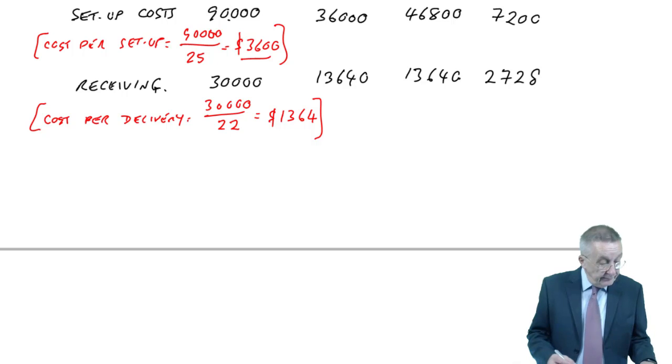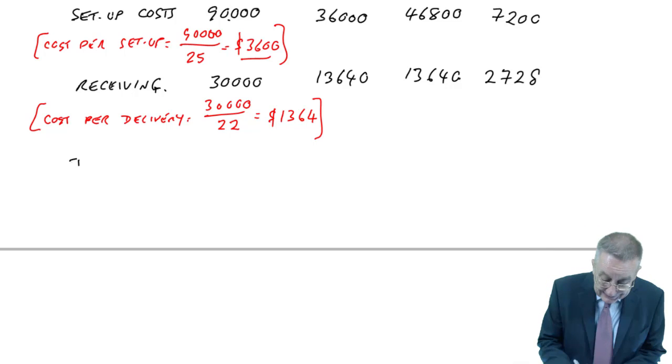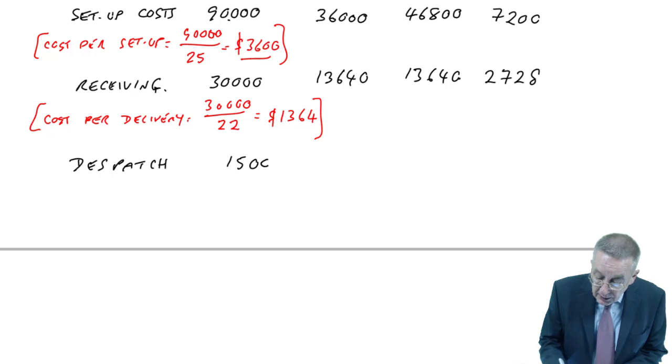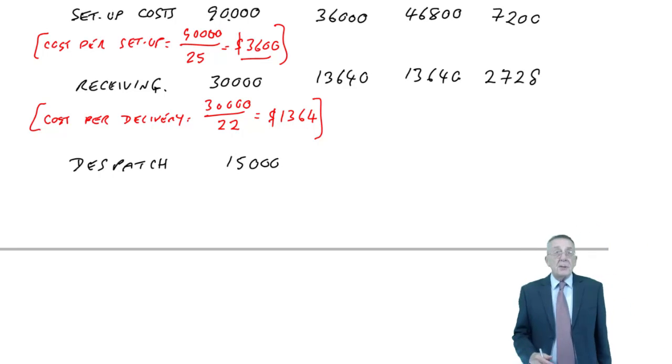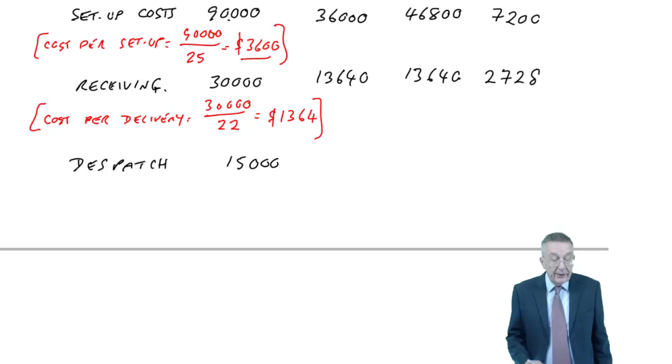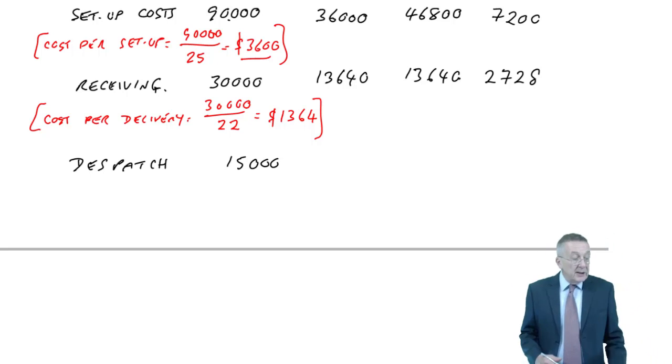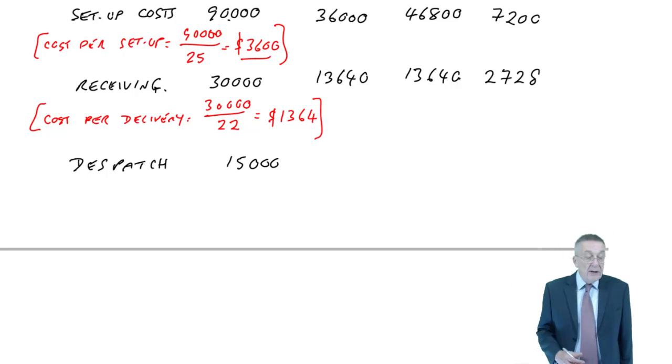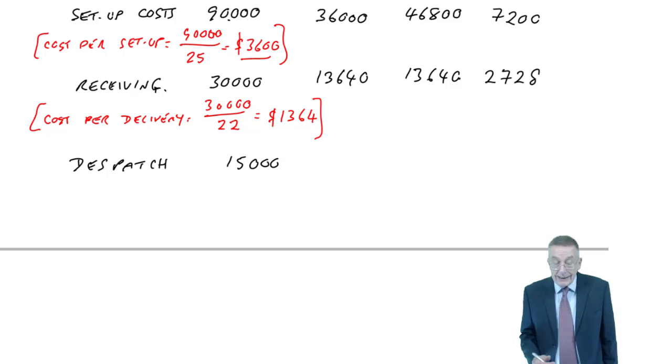Next one, dispatch. Total 15,000. Well, now I should obviously be able to go faster because it should be clear by now what I'm doing, and it does then become very repetitive. If you look at the cost driver data, we're told number of orders dispatched.